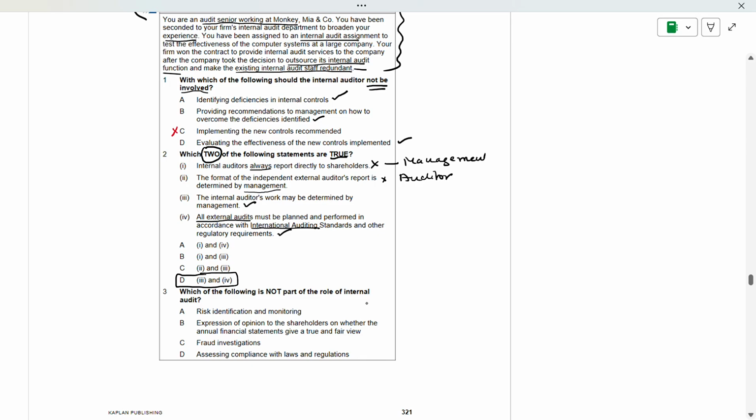Shaja, next one. Which of the following is not part of the role of internal audit? Risk identification and monitoring, is it a role or not?